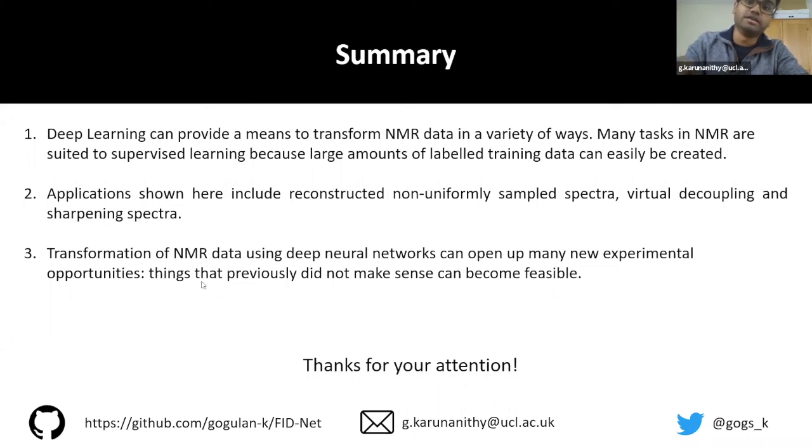I think it opens up experimental possibilities which seemed a bit daft otherwise, like, let's run a 2D spectrum of uniformly labeled protonated MSG in an hour and see what happens. Well, you can actually get some quite decent data if you use some of these techniques.